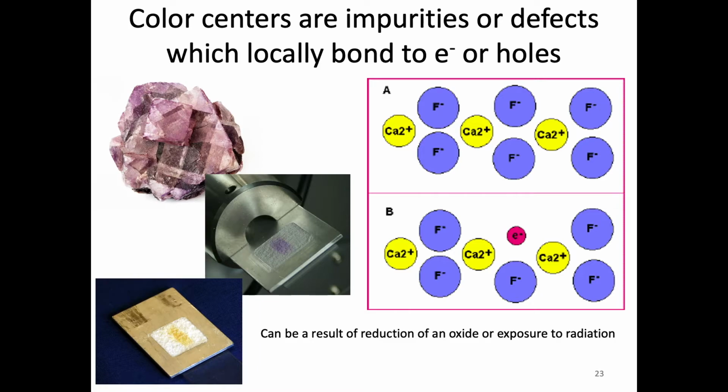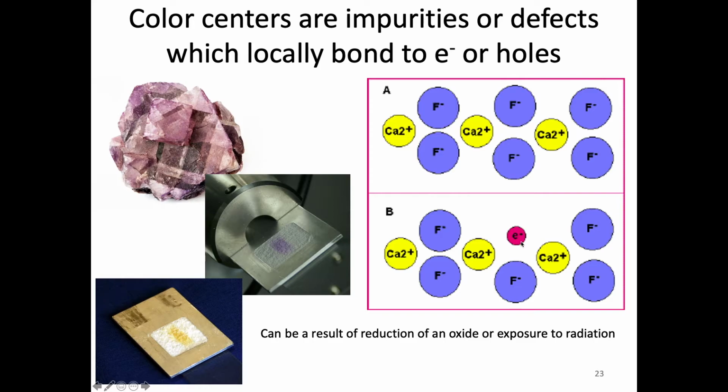Those polarons that we talked about locally bond to electrons, and so those polarons can also be color centers. What we have here is a defect, a fluorine vacancy, and that fluorine vacancy can bond to an electron if present.